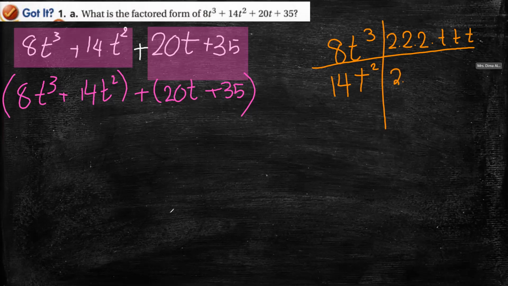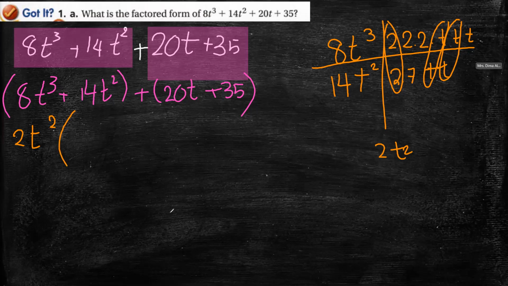Here it is 2 times 7 times t times t. Then take the common factors here, which are 2t squared. So let's take 2t squared as a common factor. Which monomial will remain? We have 4t, as we see here, plus 7.